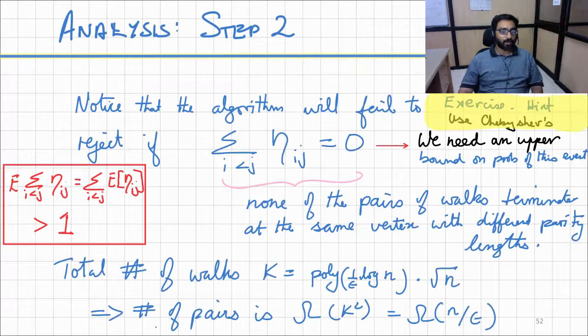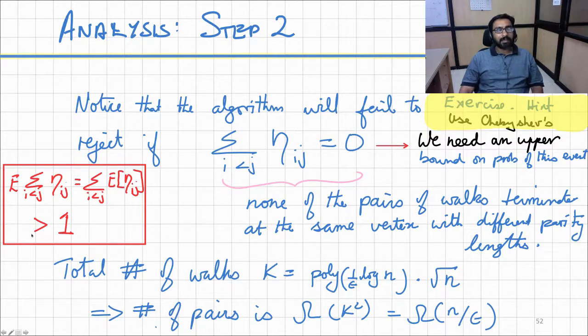With that assumption, this expectation is of the order of epsilon over Cn, but then we're summing over all pairs, and that's going to be big omega of n over epsilon. So the n and the epsilon will cancel out, and this expectation will be some theta of 1 term. So it's going to be greater than 1, assuming the constants are appropriately chosen.